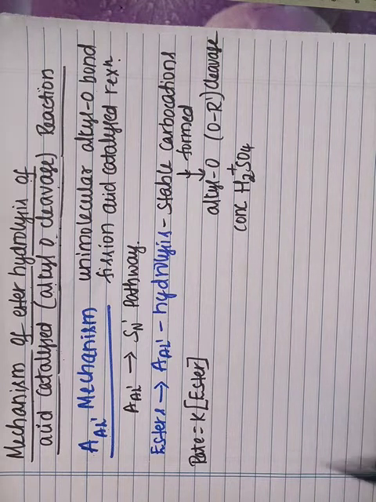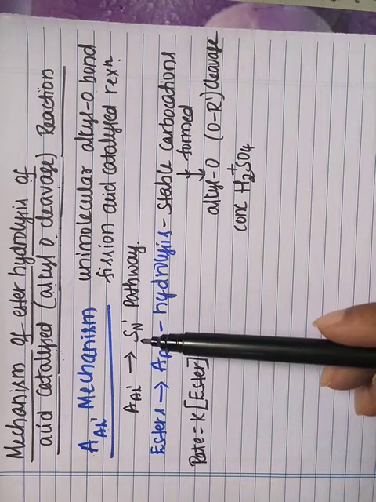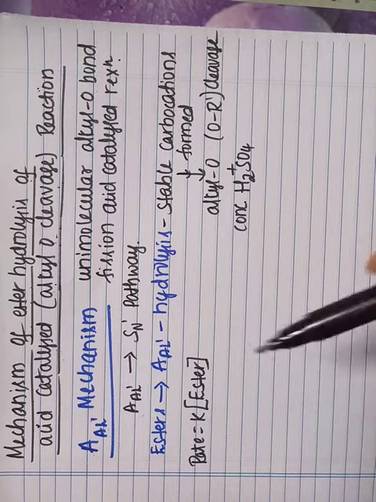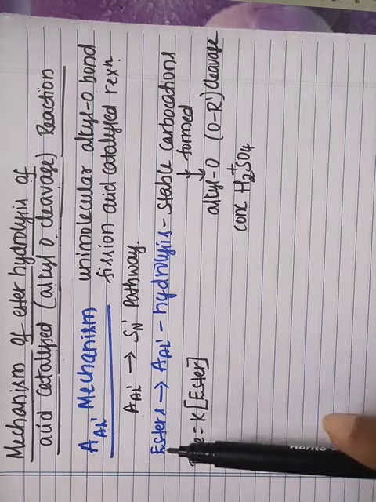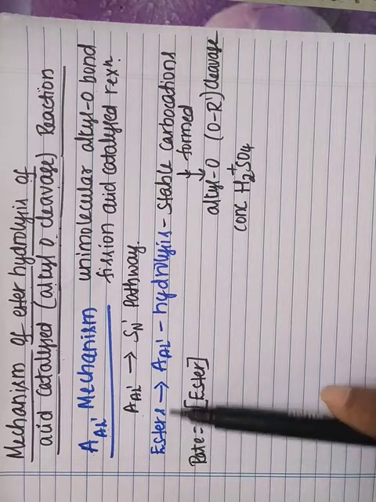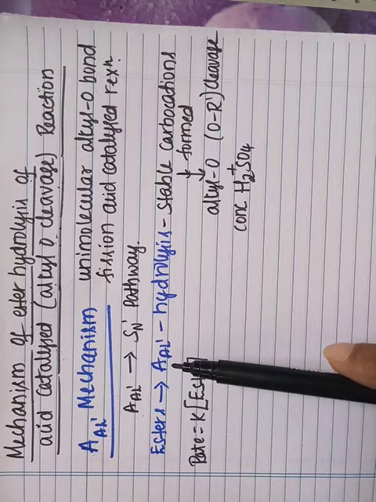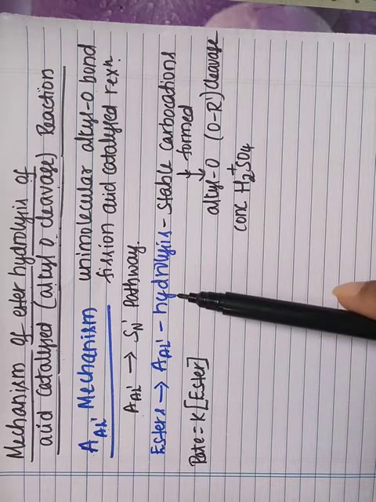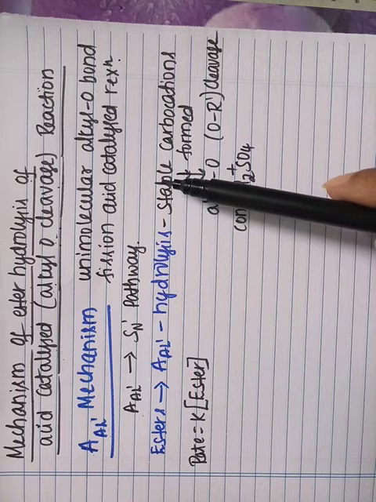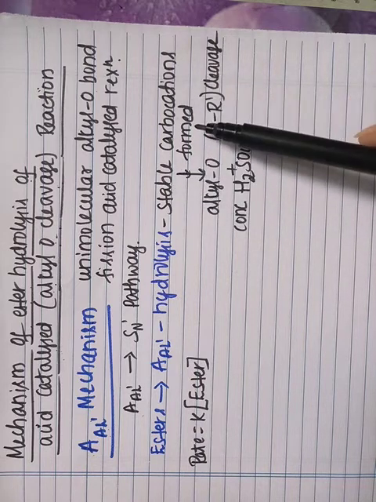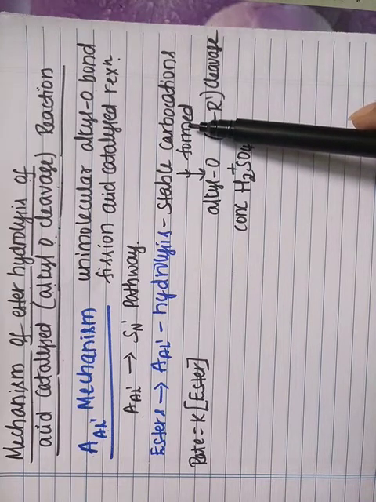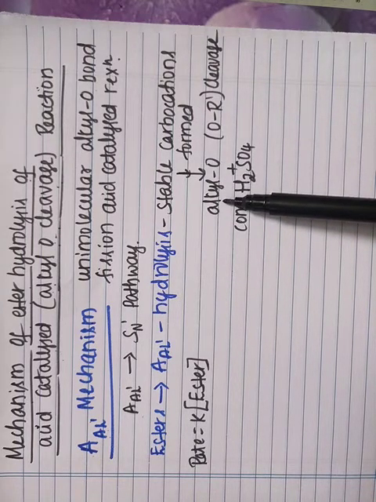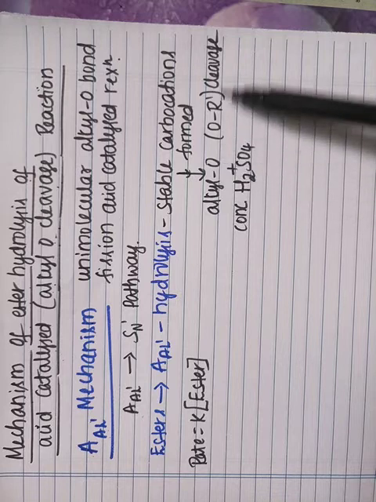This reaction follows the SN1 pathway, that is, nucleophilic substitution unimolecular pathway. The esters which undergo this mechanism for hydrolysis form stable carbocations through the alkyl oxygen cleavage.